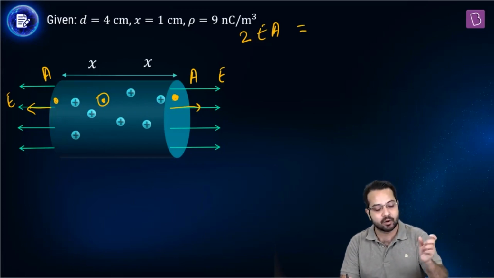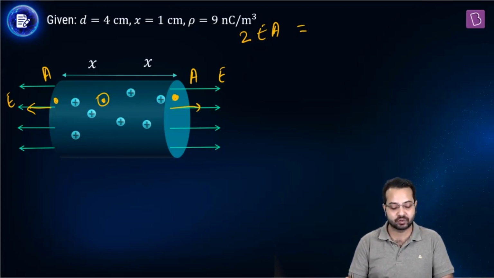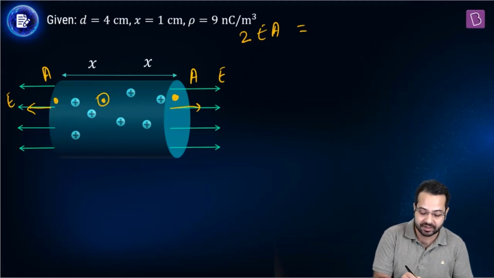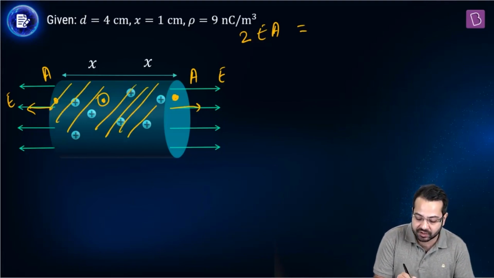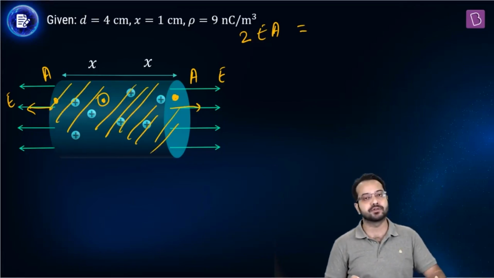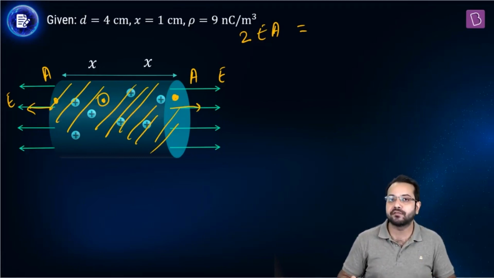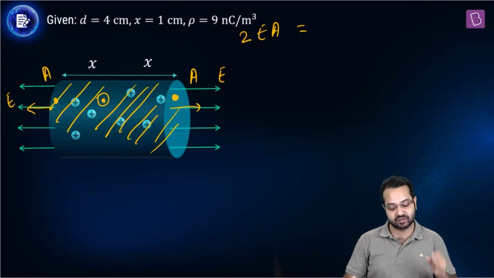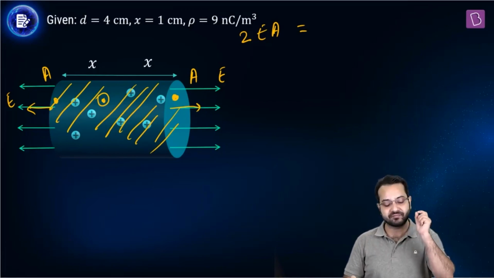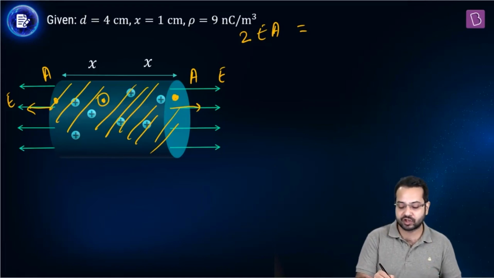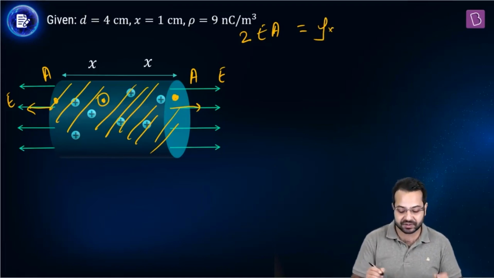All right. Now what is Q inside? The Q inside is going to be this volume. This charge is going to be distributed throughout this volume. So the Q inside is going to be the volume of the Gaussian surface, this cylinder, multiplied by the charge per unit volume. So charge per unit volume is rho. What is the volume?